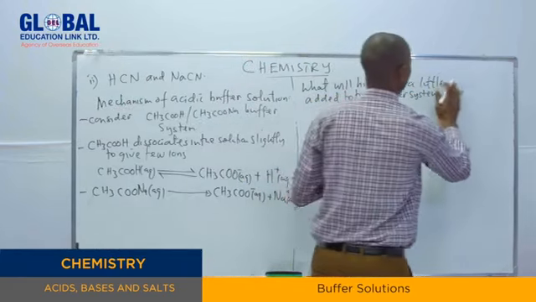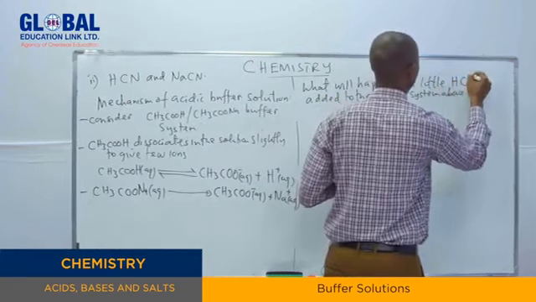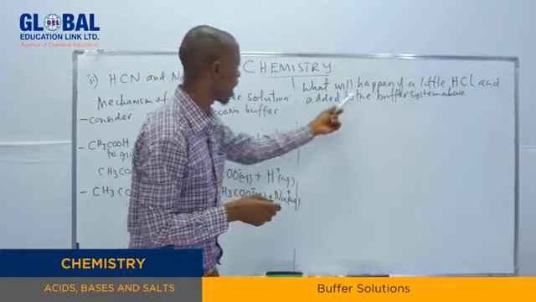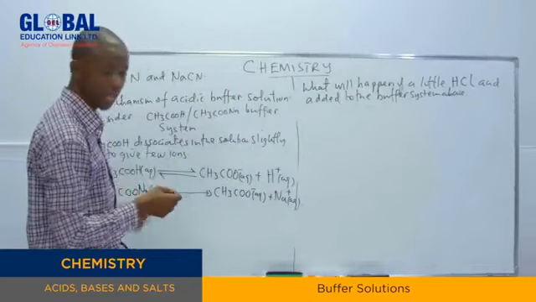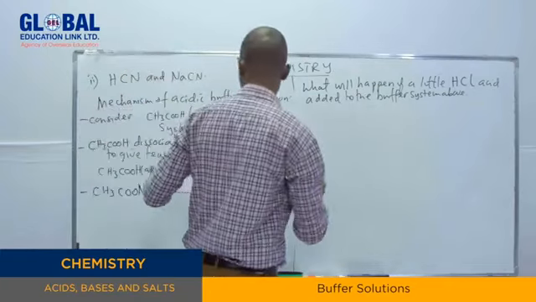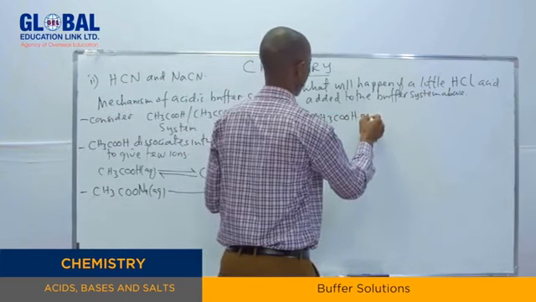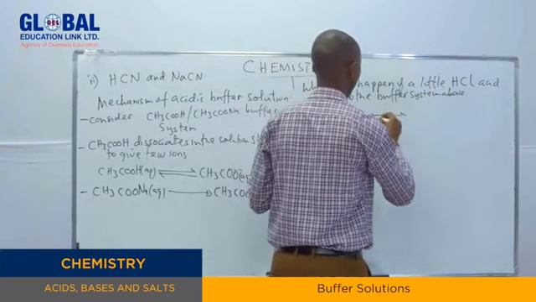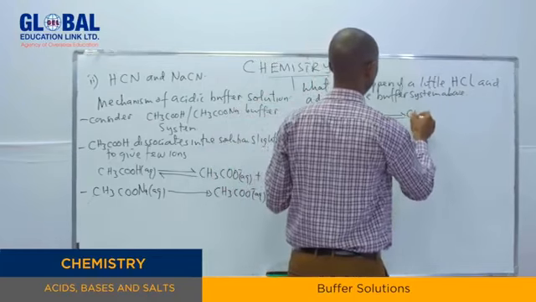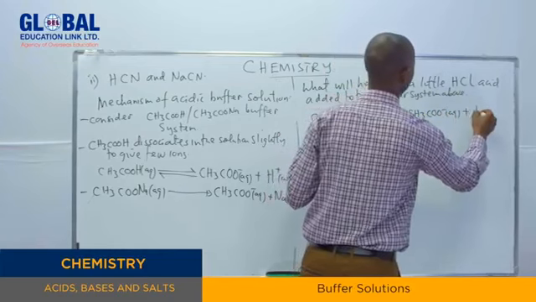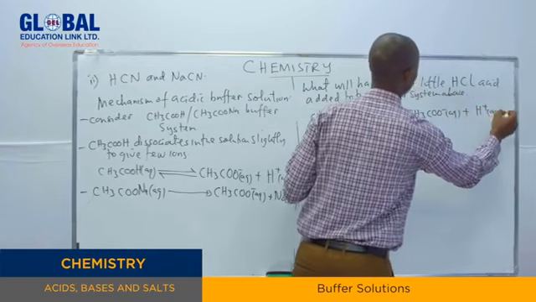This little acid is hydrochloric acid, which is a strong acid, added to this buffer system here. What will happen? Remember, initially we have this system. Acetic acid will ionize partially to give the acetate ions and hydrogen ions.